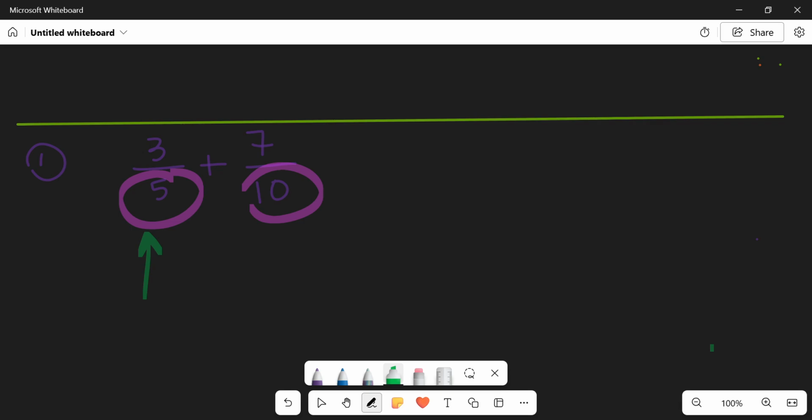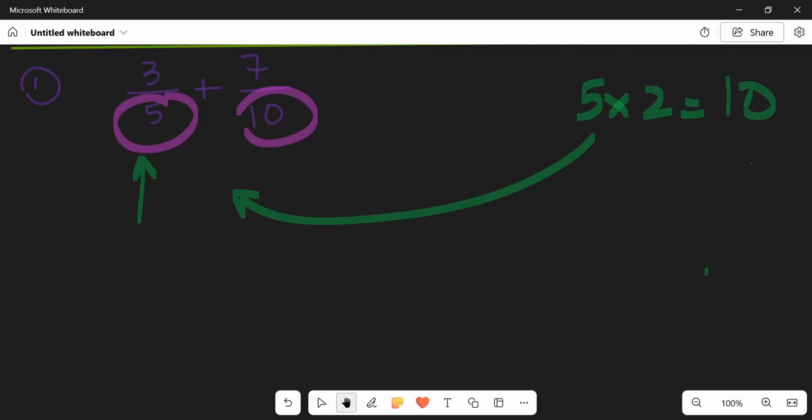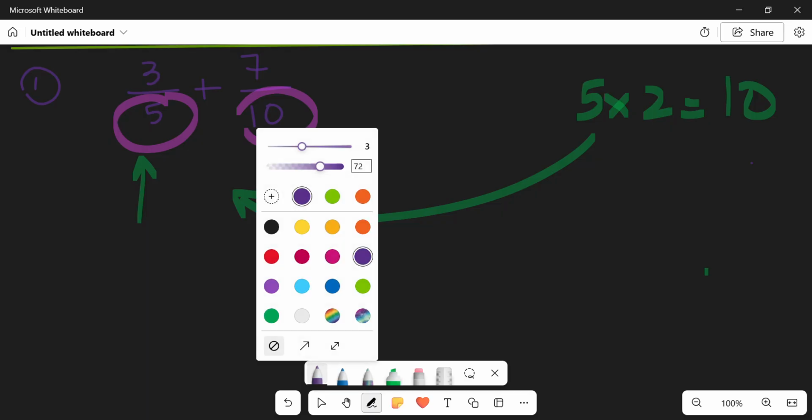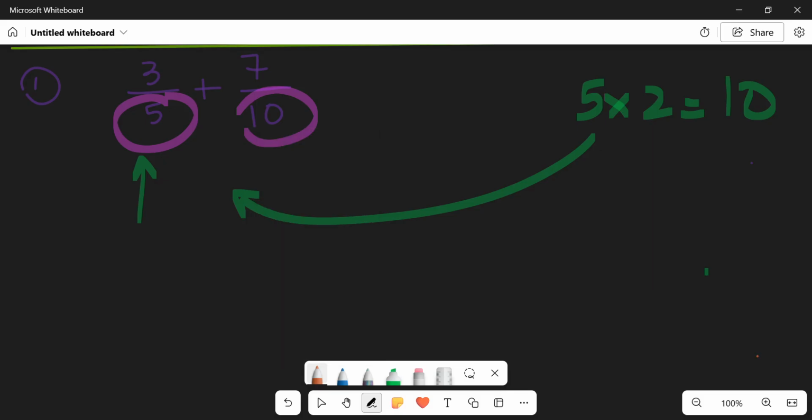Yes. Do you know 5 times table? 5 times 2 gives you 10, right? So basically this 5, when you multiply by 2, you will get 10. Okay, so how are you going to make it same denominator? Let me take another color so you will understand it very well.